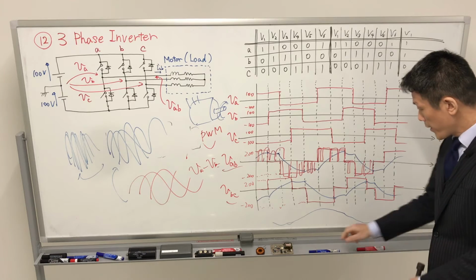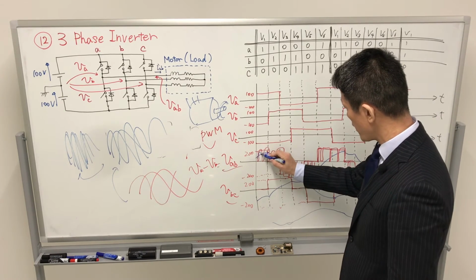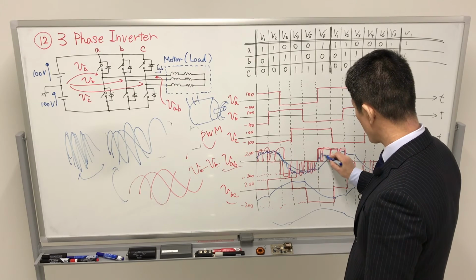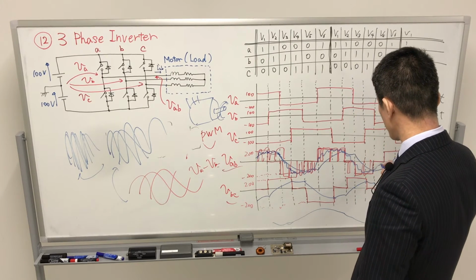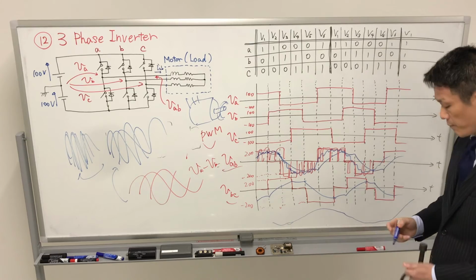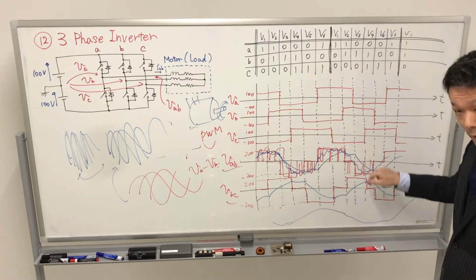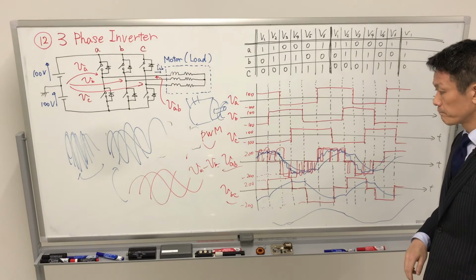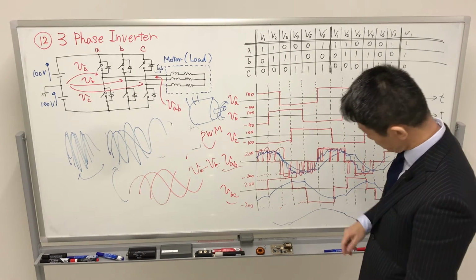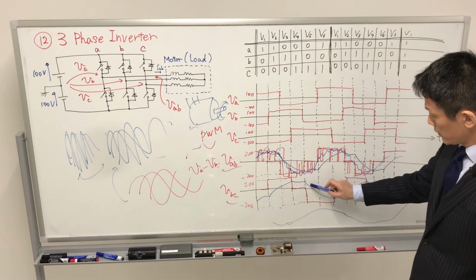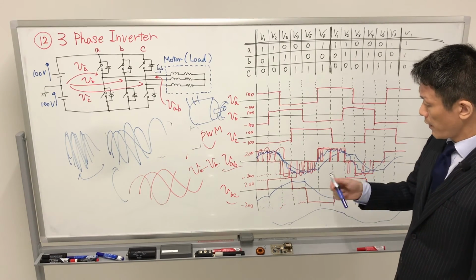So we can obtain a more realistic switching, nearly a sine wave, because the conventional one has this voltage and current.